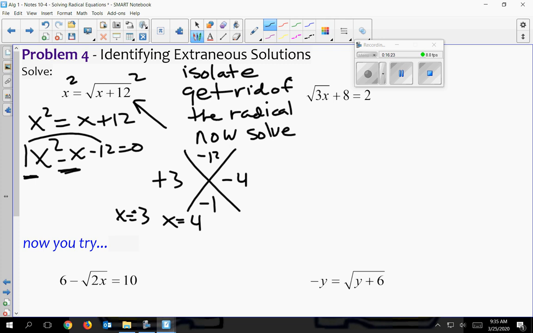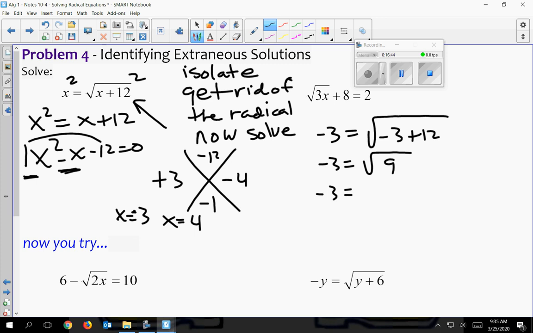Negative 3, which is x. Remember, I'm back at the original problem. Square root of negative 3 plus 12. So negative 3 equals square root, and negative 3 plus 12 is 9. Take the square root of 9, and I get 3.